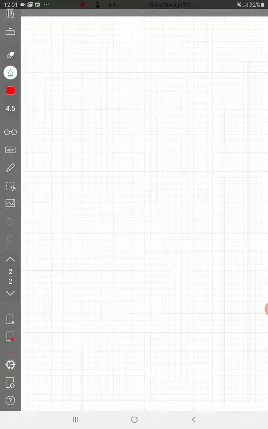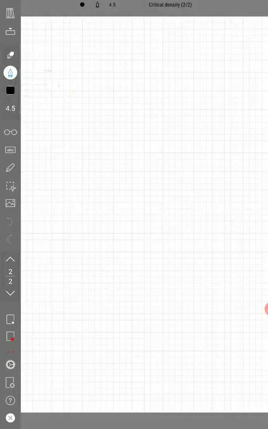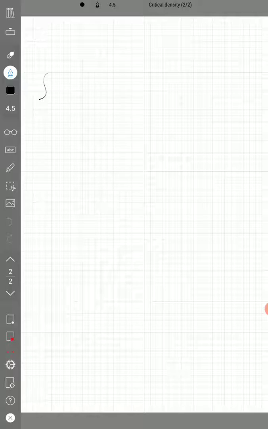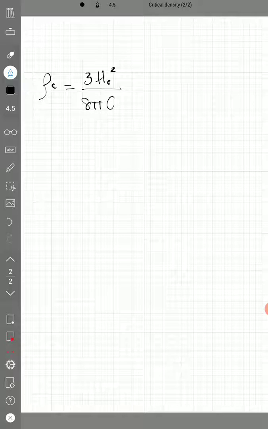So let me just add another page here. And so we're left with this, the density of the universe, the critical density for which that term becomes 0, is this 8 pi g.